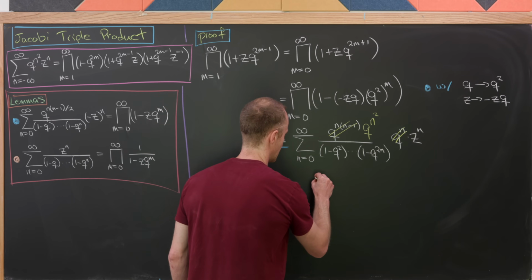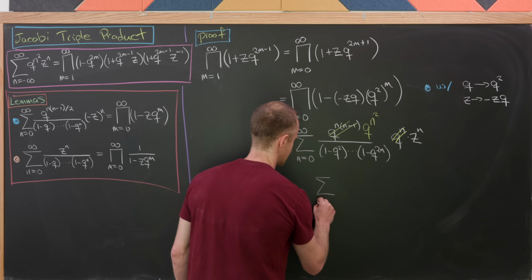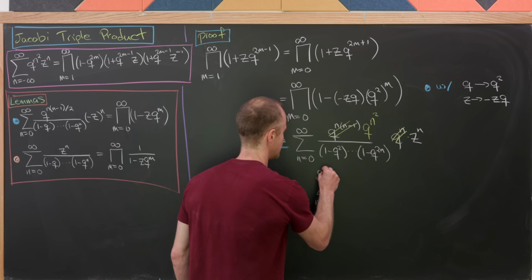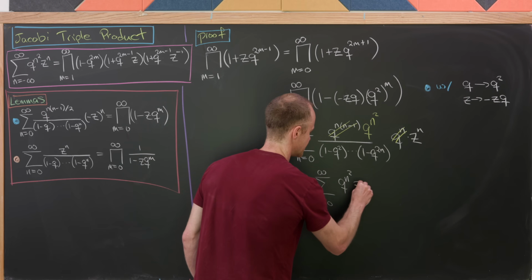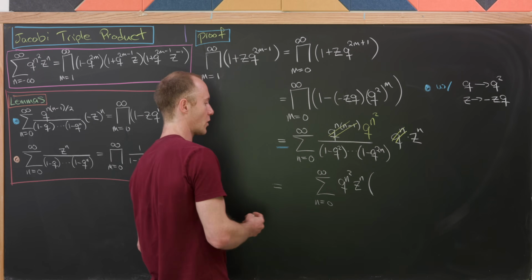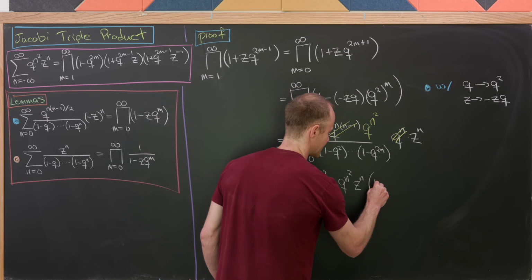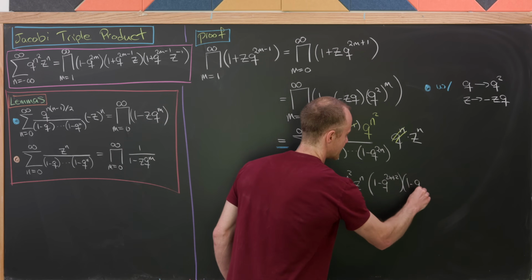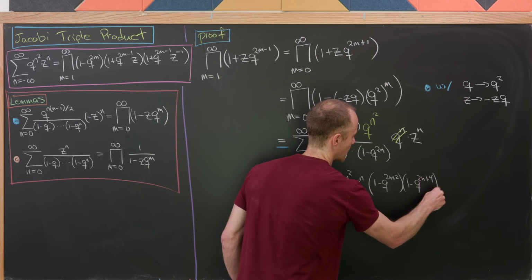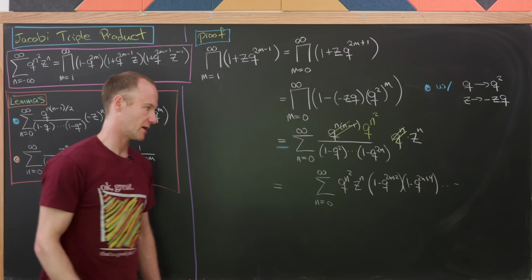So we'll have the sum as n goes from 0 to infinity of q to the n squared times z to the n. And then in order to complete that denominator, I'm going to have this product 1 minus q to the 2n plus 2, 1 minus q to the 2n plus 4, the product going on and on and on.